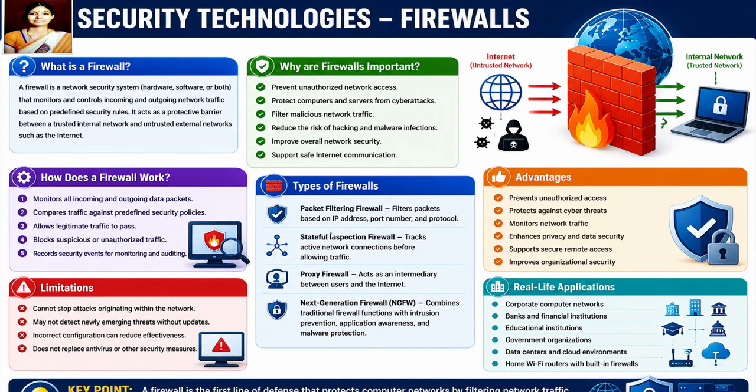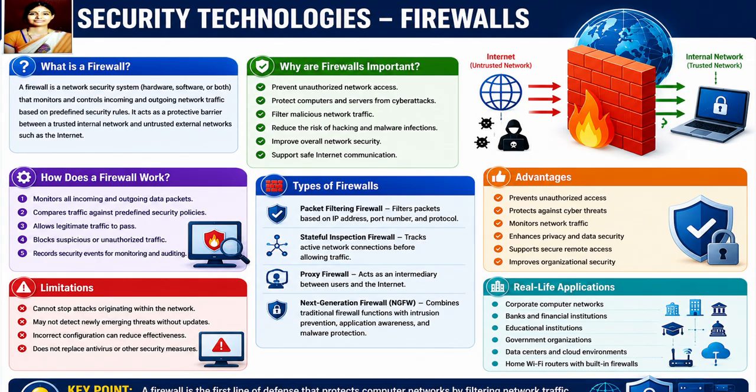Then coming to the types of firewalls, there are four types. Filtering firewall filters the packets based on IP addresses, port numbers, and protocols. Stateful inspection firewall tracks active network connections before allowing any traffic.